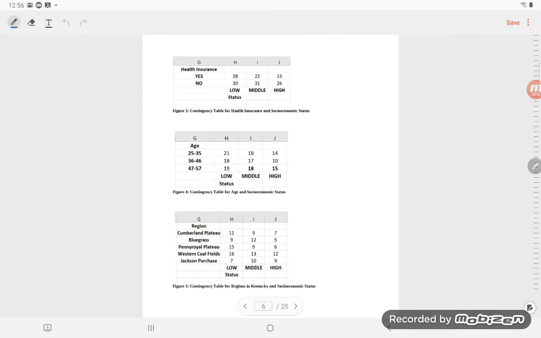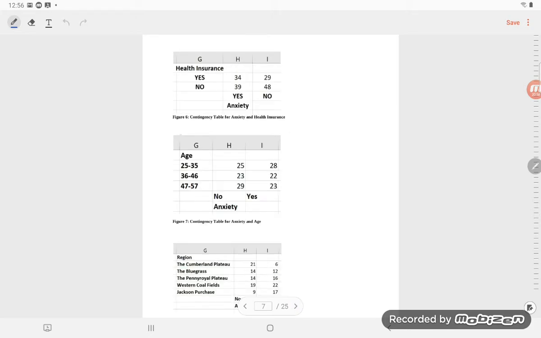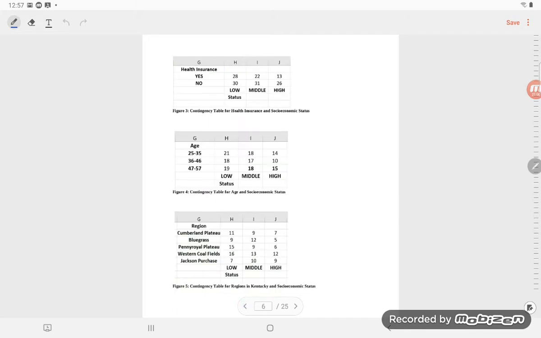Okay, page 6, more tables. So what are they looking at? Well, notice they're looking at all these combinations. Health insurance and status. Do those seem to have something going on, right? Age and status. Is there something going on there?